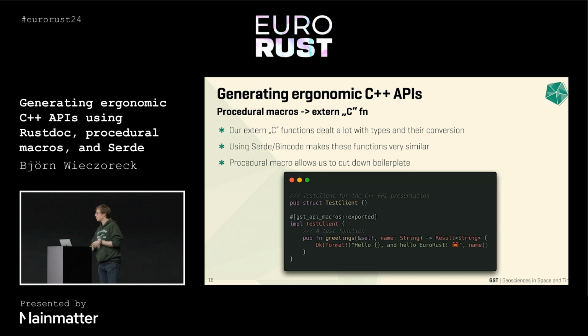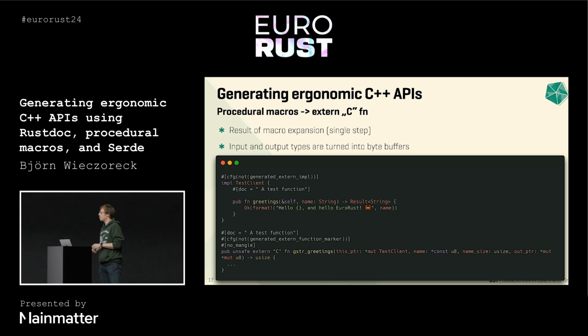As you will notice, we have this API macros exported macro that we call on this impl block. The single step expansion looks something like this. At the top, we still have our test client, our basic function. But at the bottom, you see what was generated, this pub unsafe extern C function.